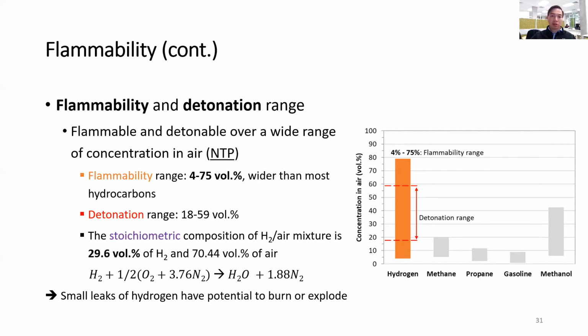The key takeaway message from this slide is that when compared to other hydrocarbons, like methane, propane, and gasoline, a small leak of hydrogen has a very high potential to burn or even explode. So this is the range of hydrogen at NTP conditions.